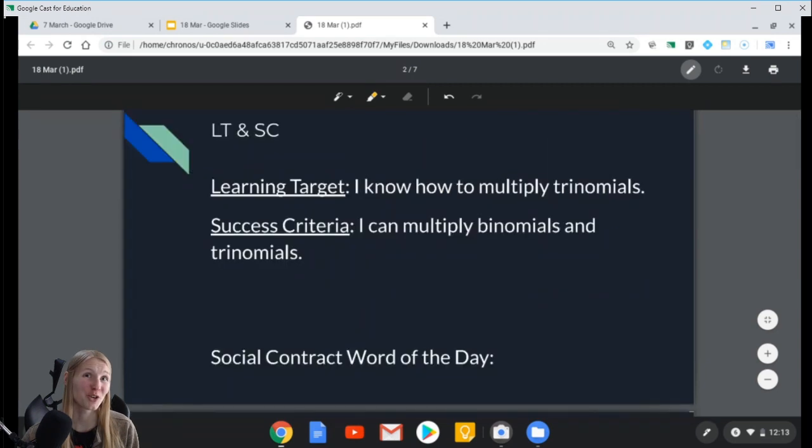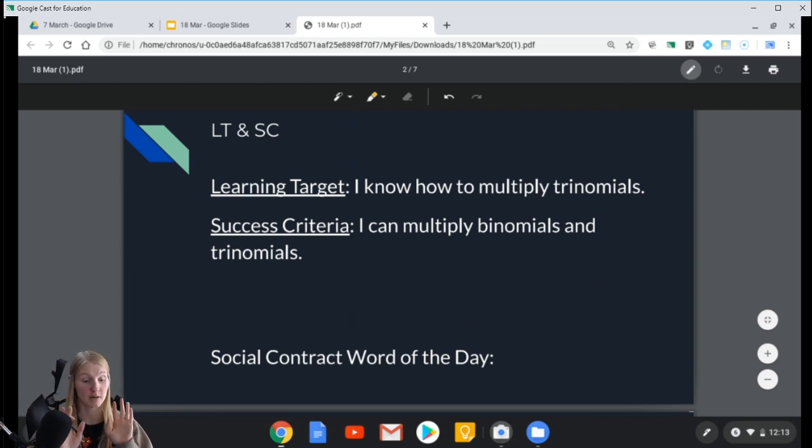Now, on to what we have for today. Today's learning target is that you know how to multiply trinomials. We'll talk about what a trinomial is in a second. And the success criteria says I can multiply binomials and trinomials.